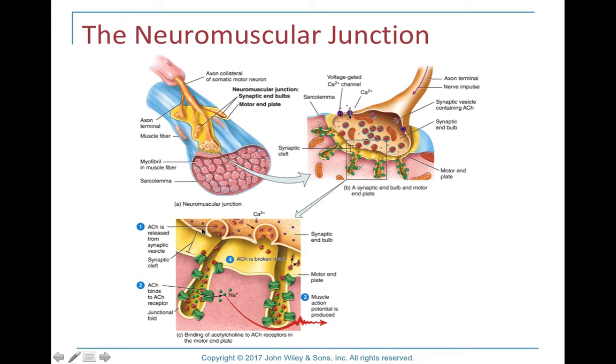We have the acetylcholine released from the synaptic vesicle into this synaptic cleft. The acetylcholine binds to its receptor, and we've released the sodium into the muscle, and we get our action potential produced. Remember, we break down the acetylcholine to turn this off by acetylcholinesterase.